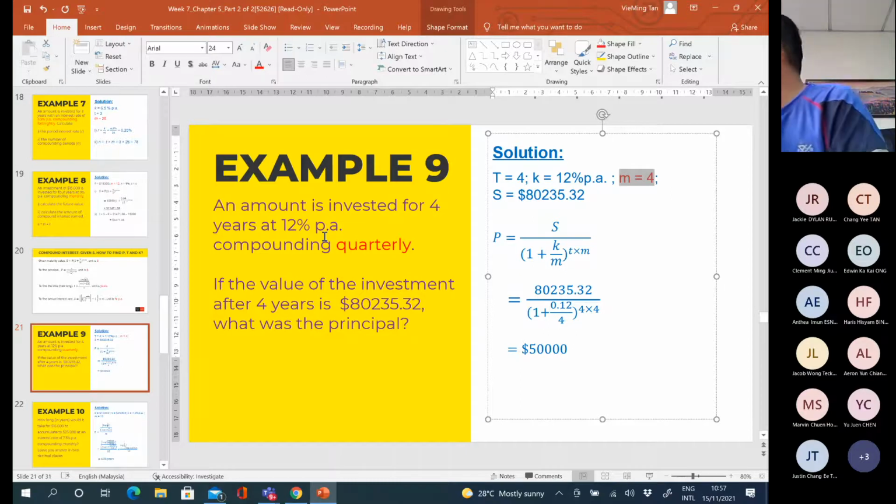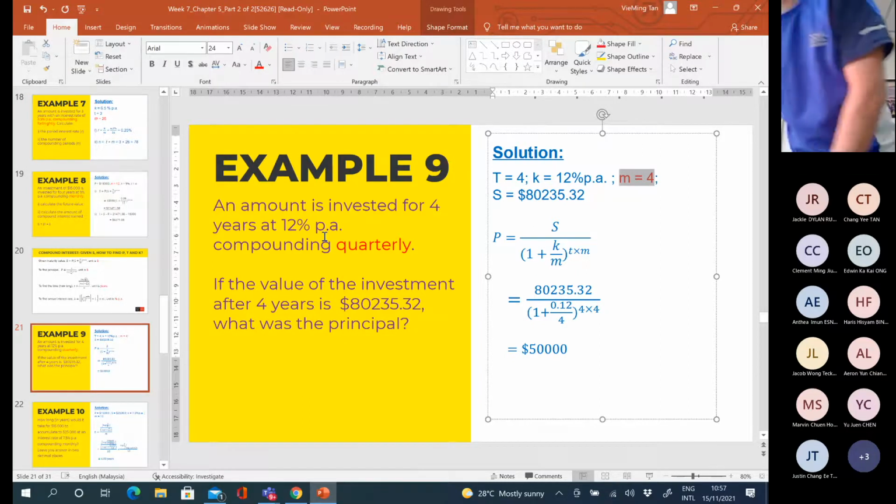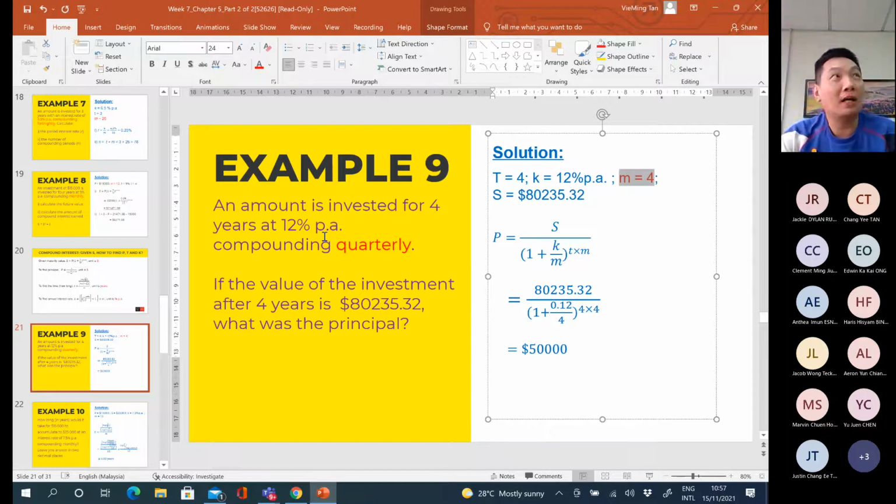I don't know whether got any bomba. Yeah, it seems to be keep ringing. Let me check. Yeah, this bomba alarm. But it seems to be nobody got outside. Yeah. Okay.